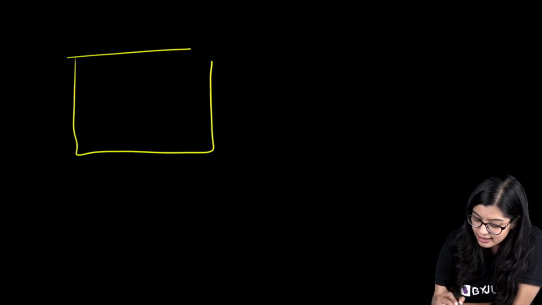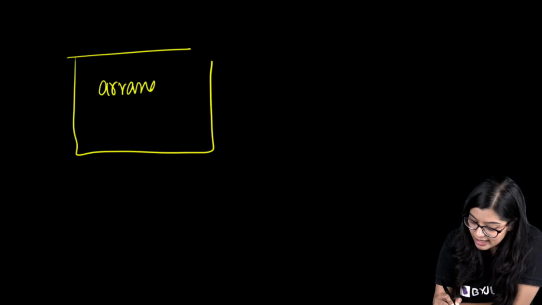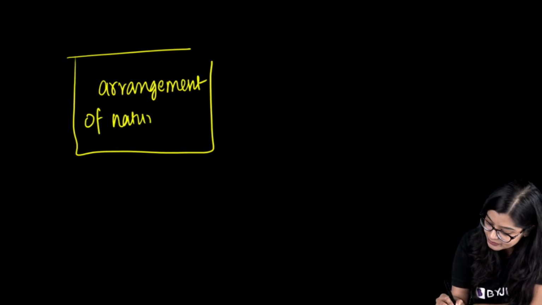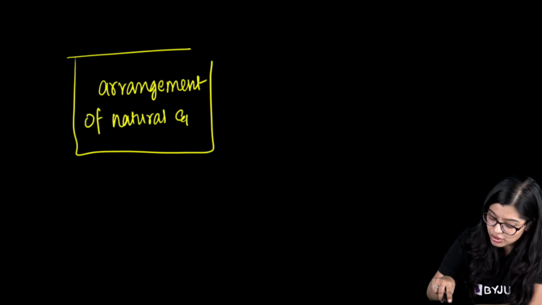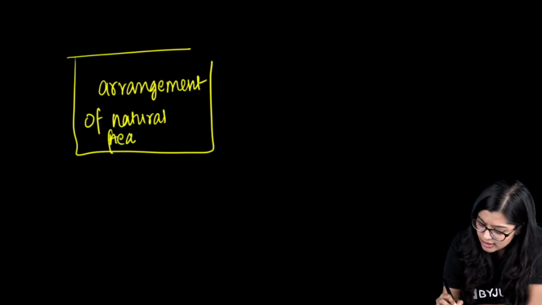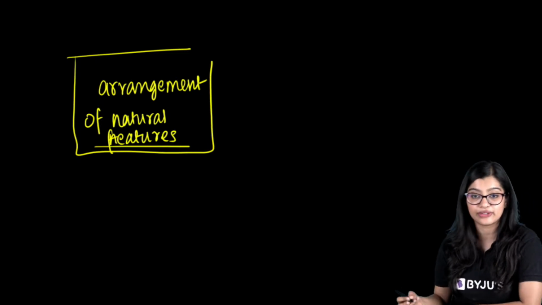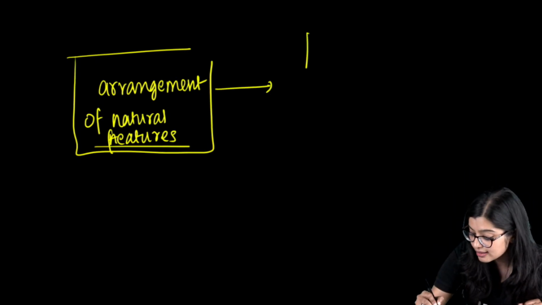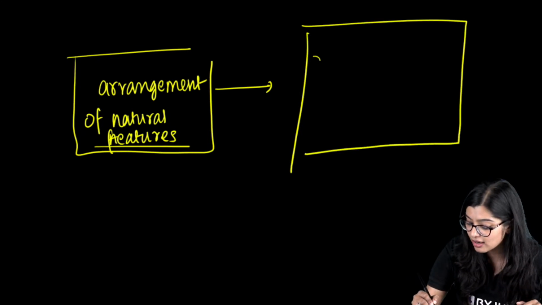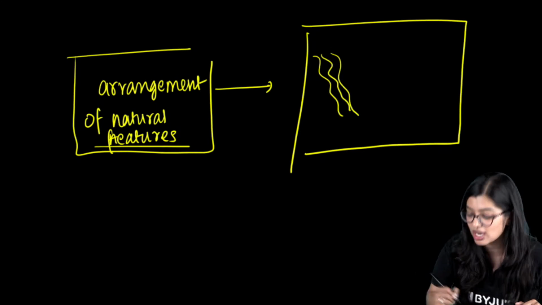Topography refers to the arrangement of physical features, right? So we talk about the arrangement of natural, or in some cases artificial, but let's talk about natural features. If I take the topography of an area, it means that here I will have some rivers which are flowing.